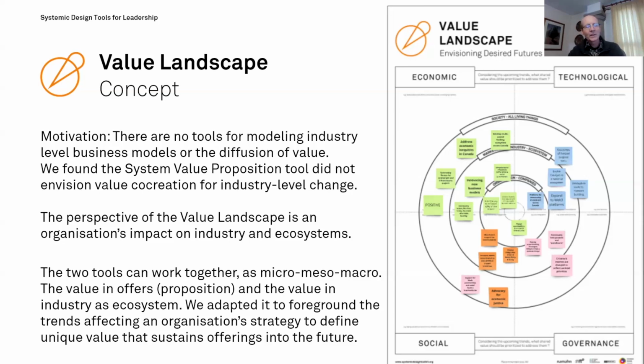And the 2 tools, the system value proposition from the organization's offer, can work with its impact on the value landscape. So in a way, one is more like the value proposition for what's being co-created, like a service offering, and then this is for how that value expands into the industry.